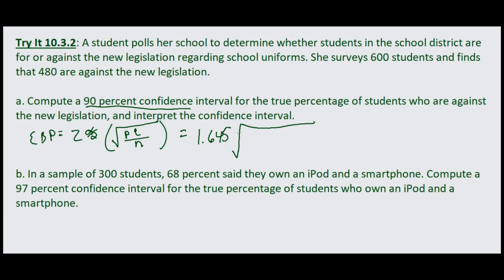times the square root of, we have 480 out of the 600 are against. So that's our P, our proportion. The complement of that, 480 to 600, is 120 students, 120 students out of 600.